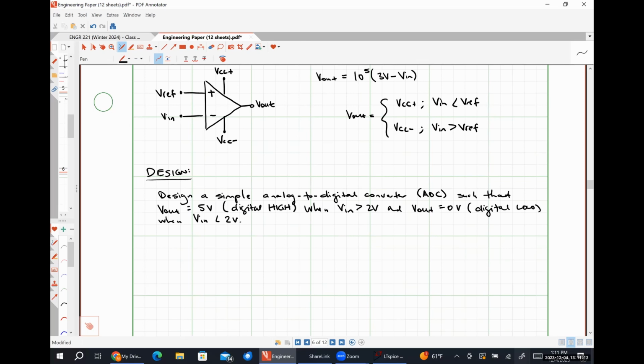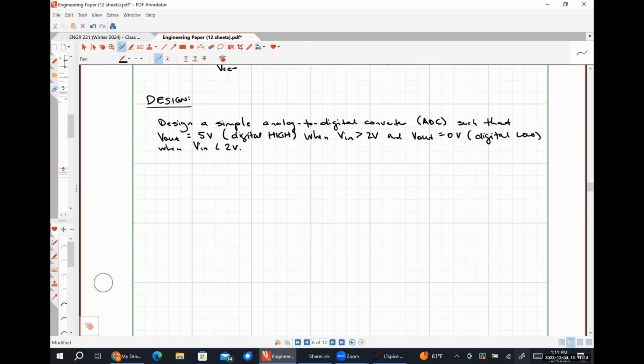All right. So for a non-inverting comparator, we apply our input voltage to the non-inverting input, right? Line with us thus far. By the way, our output is always measured here at the output.